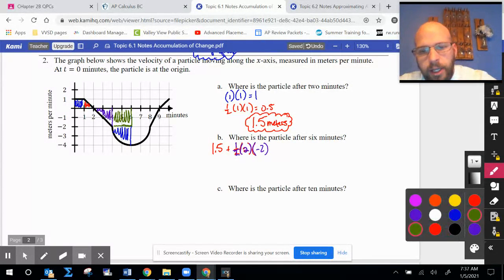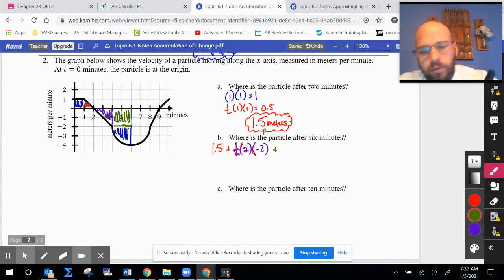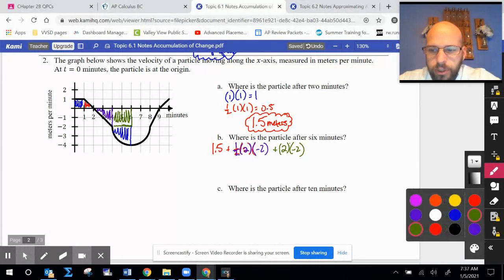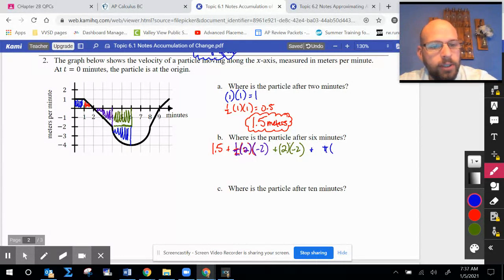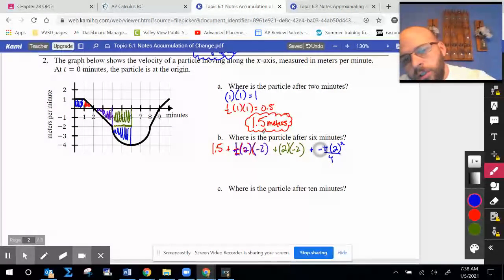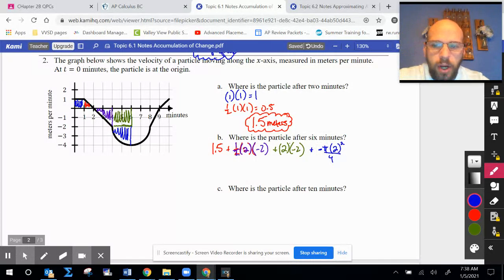And then the green section would be a 2 by -2. And then the blue section is a quarter of a circle. So I'm going to do pi times the radius squared, where the radius is 2, over 4. But we need to make sure it's negative because it's below the x-axis, right? So we're going to subtract off anything that's below the x-axis.